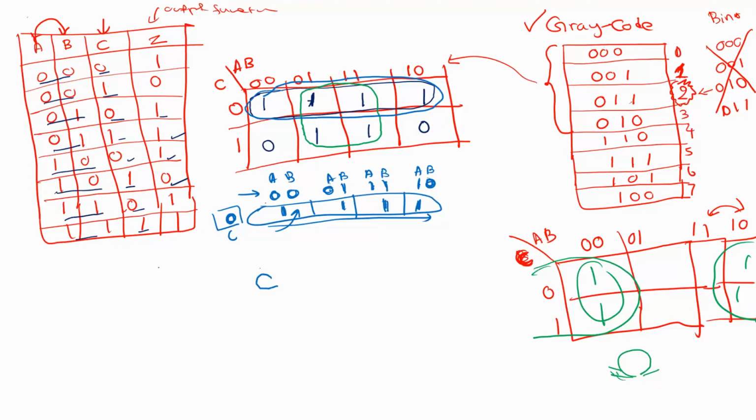That means we have the inverted value in this circle. C is outside; inverted C means C bar. The outside is 0, but inside it is inverted. So since there is 1 inside this circle, instead of C we write C bar. Okay? That is about this blue circle.